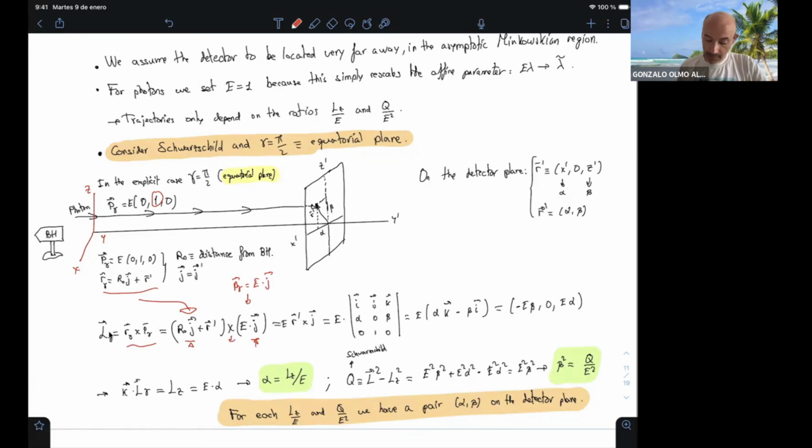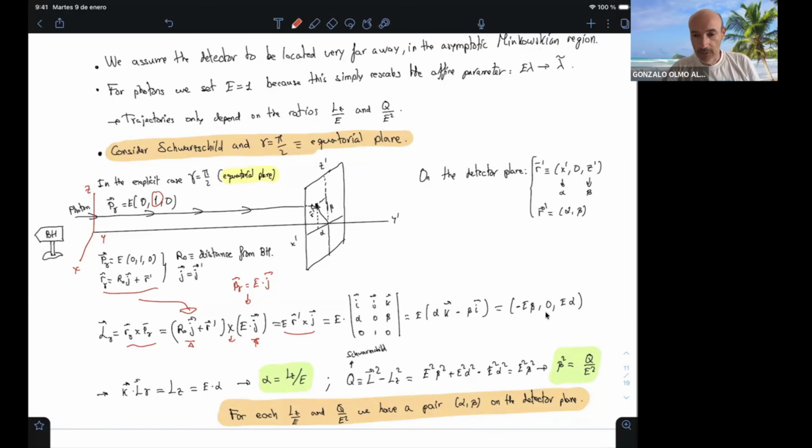The only relevant thing is the product of the components on the orthogonal plane times the j direction. So I'm doing this calculation. We are using as coordinates on the detector alpha and beta, where alpha represents the x direction and beta the vertical direction. Doing the product, we get this thing.